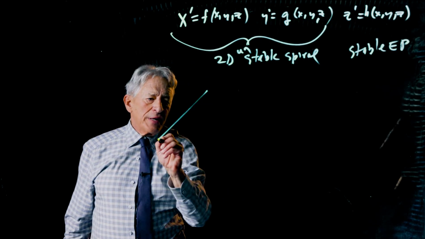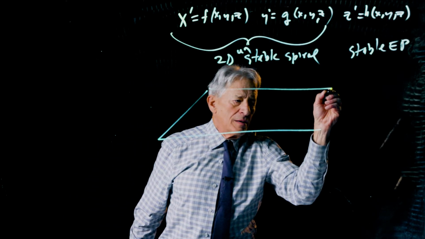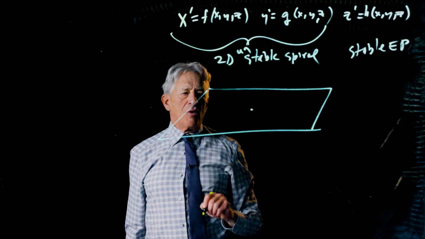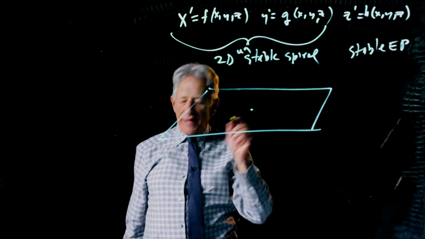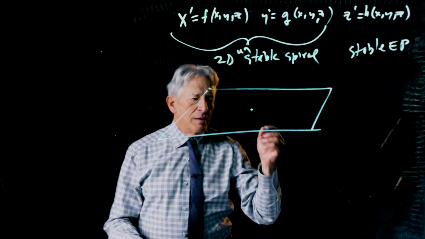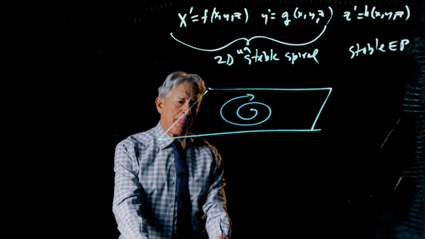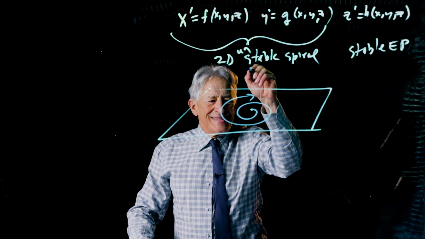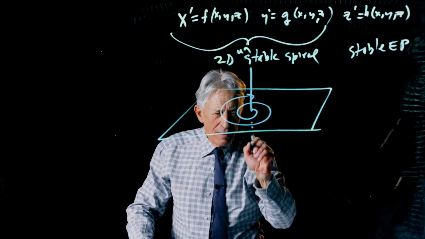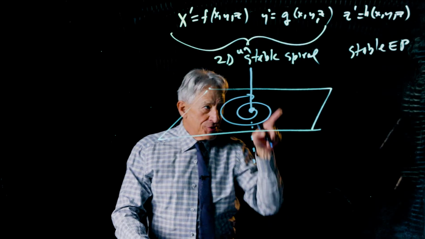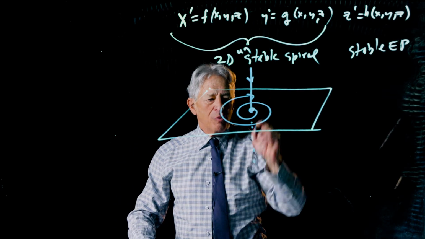So in the xy, here's my origin. In the xy, the system is going to be an unstable spiral. And then in the z, it's going to be a stable equilibrium point.